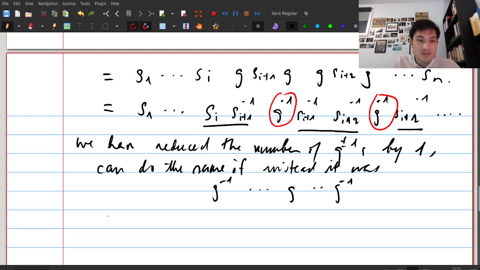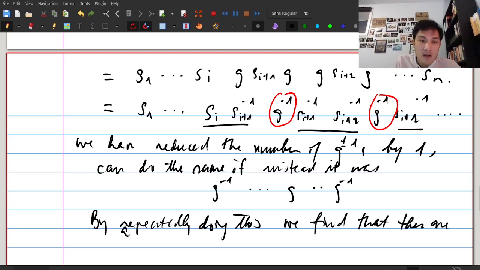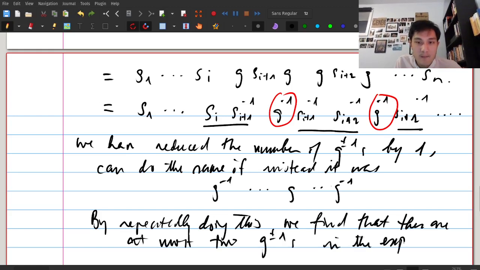And so by repeatedly doing this, we find that there are at most 2 G's in the expression.